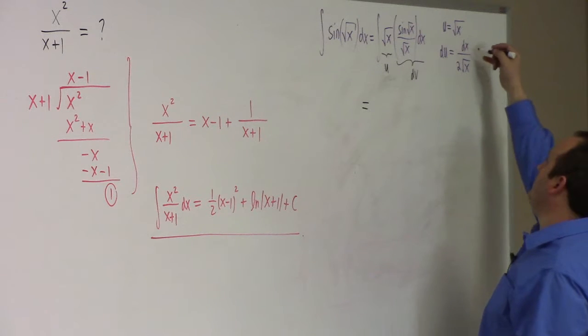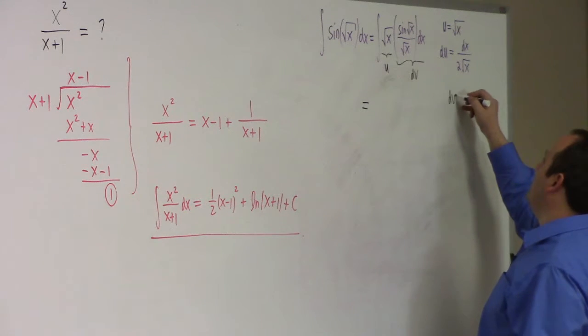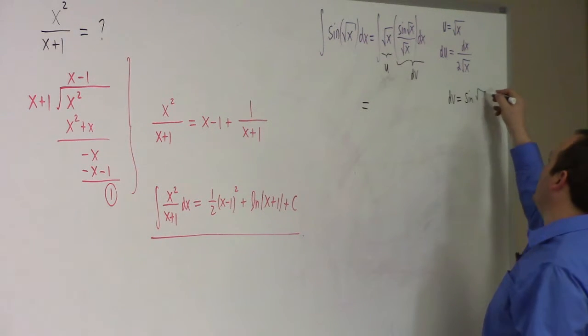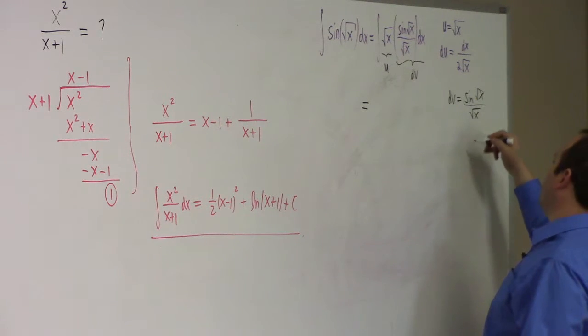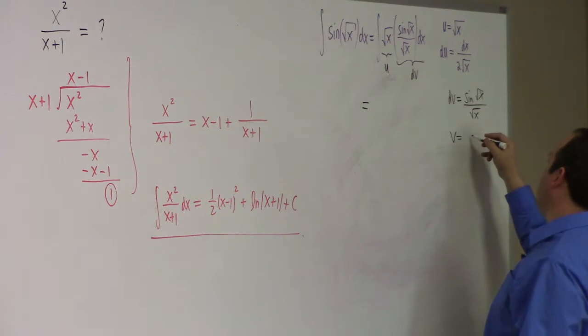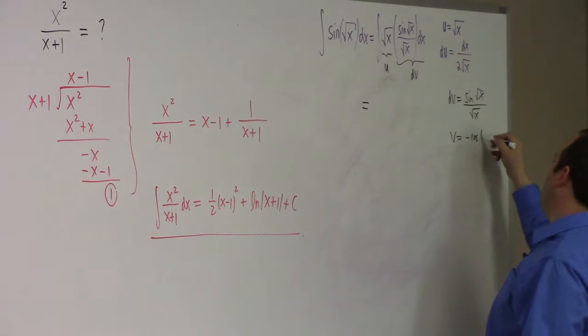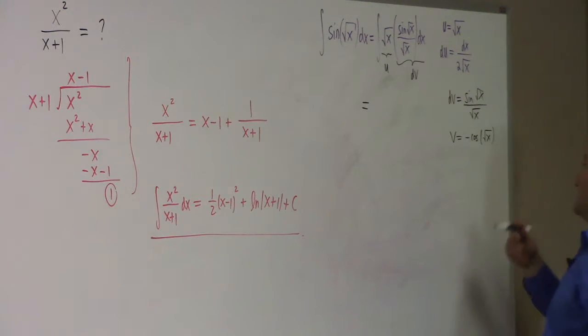So dv is sine of root x divided by root x. So that means v is equal to minus the cosine of the square root of x. Is that quite right? If we differentiate cosine, we get minus sine, and then we have to multiply by the derivative of the inside function.